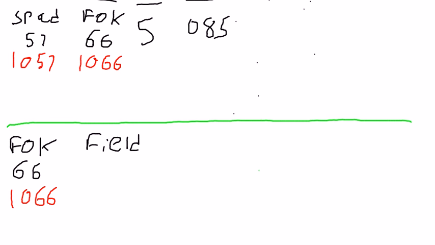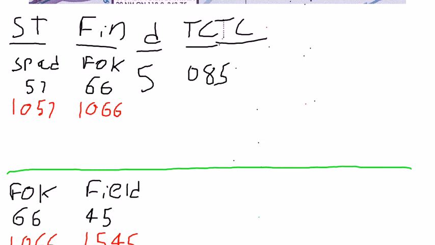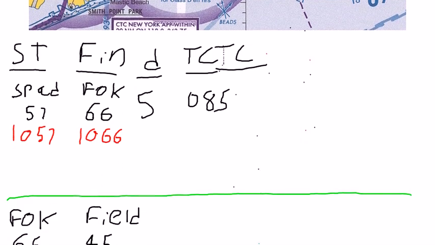The field, just using Google Earth, I found it to be 45 feet high. 1545, because it's a field, so we want our arrival altitude to be 1,500 feet above ground level. Okay, measure that distance.